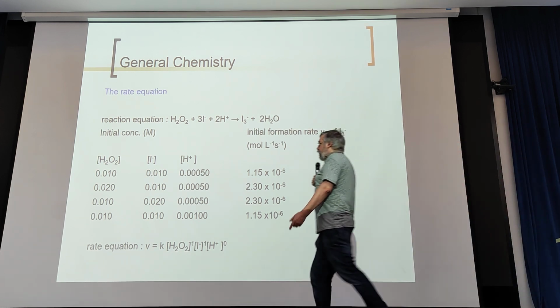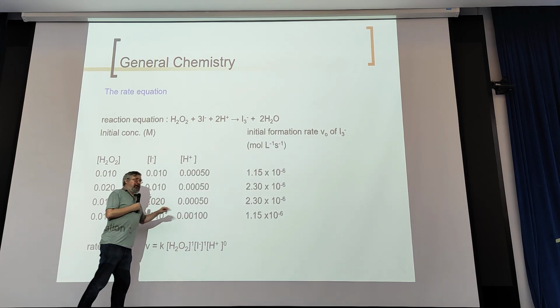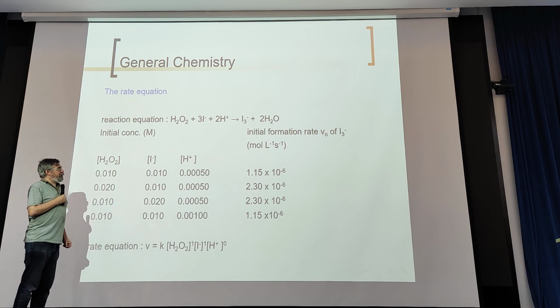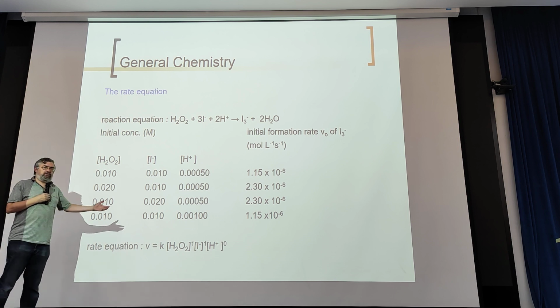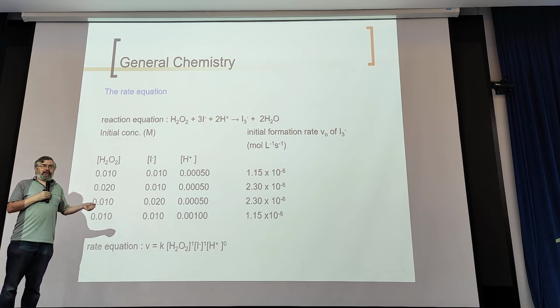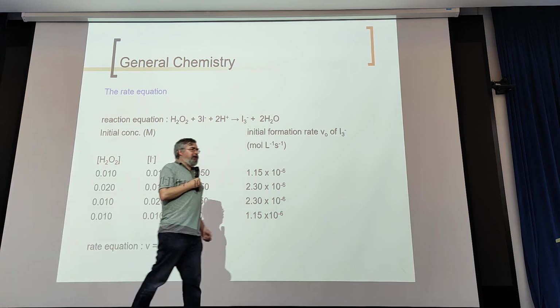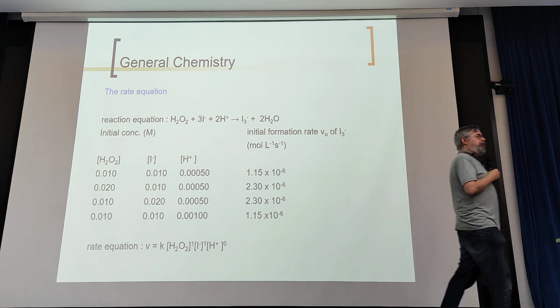Now with line 4, everything is the same except for the proton concentration, for the acidity, which has doubled. And now what we see is no effect. Line 1 and line 4 have the same rate. Doubling the acid doesn't make any difference.